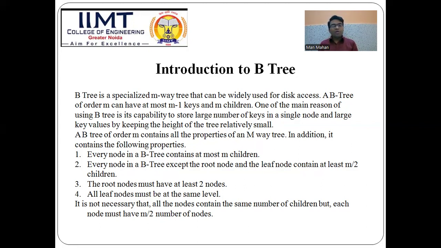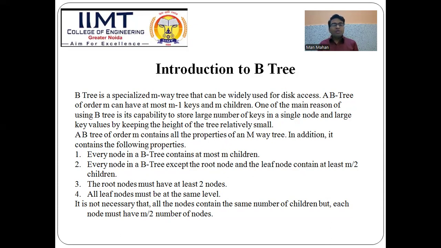First property, every node in a B tree contains at most M children. If a particular node is of order M, then there are M minus 1 key values and M children. Next, every node in the B tree except the root node and leaf nodes contains at least M by 2 children.